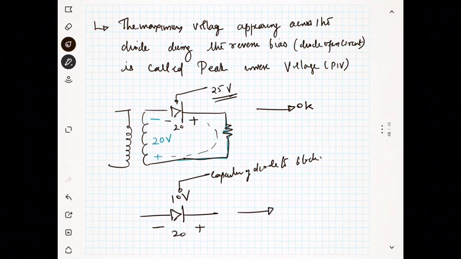The diode will act like a short circuit. It cannot block the voltage. It has only a blocking capacity up to 10 volt. So according to your design, if you are designing for a particular voltage, then you have to choose a particular diode accordingly.